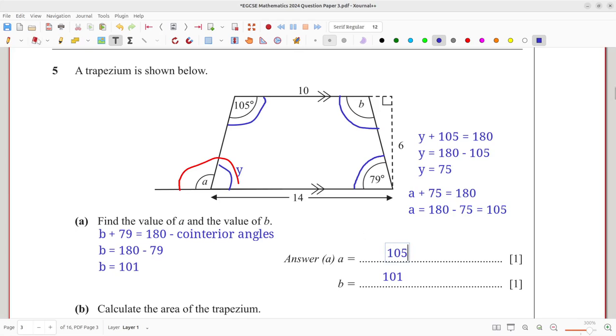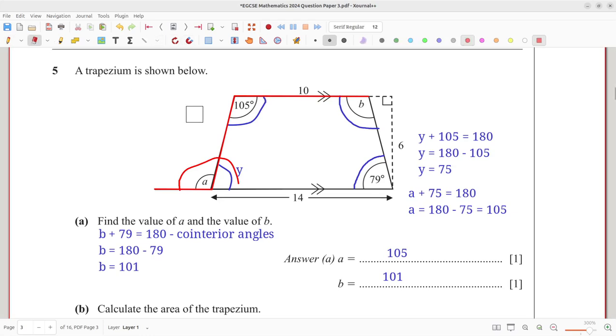Now, alternatively, you could have noticed that from here to here, then this to this, this to that, gives us a letter Z. What do we call these angles?